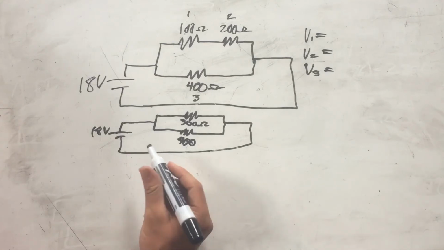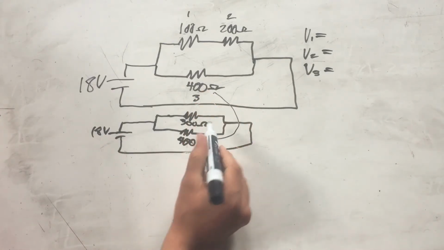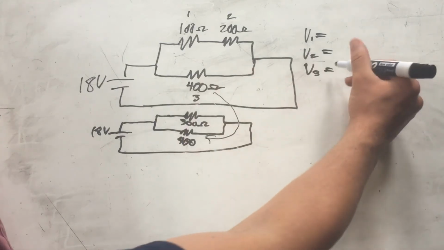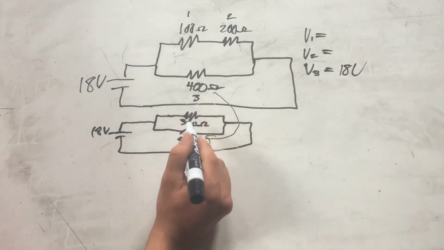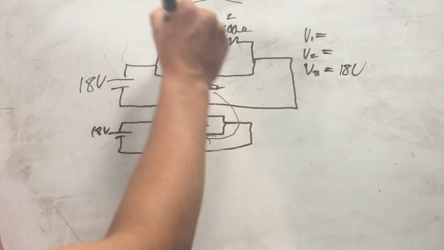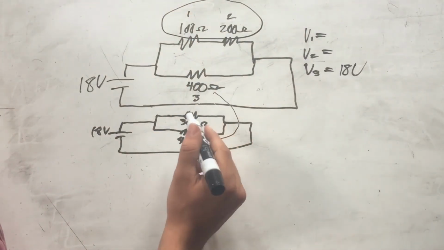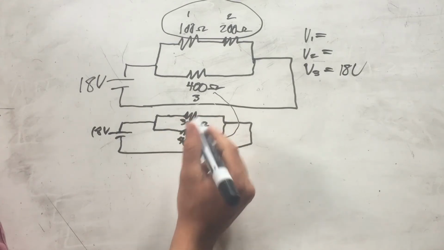Now, with this circuit, we already have the voltage drop across resistor 3, which is right here. So that's going to be 18 volts. But now, in order to get the voltage drops across both of these resistors, we have to work our way backwards. So first we're going to find the current across this resistor here.